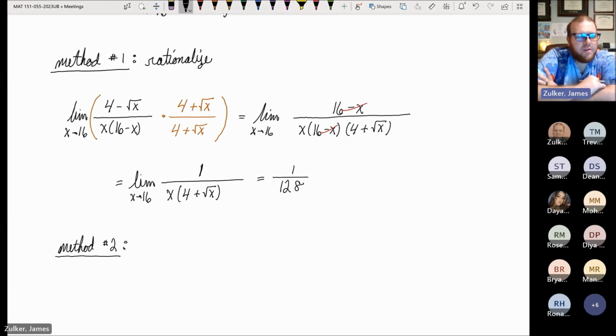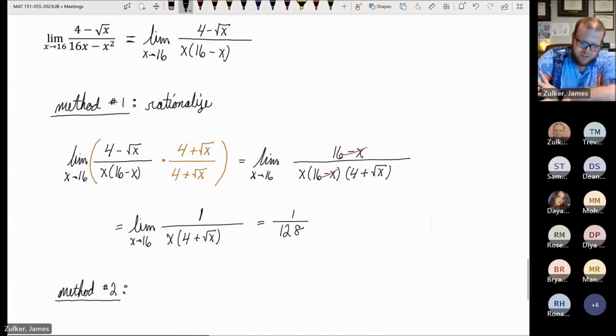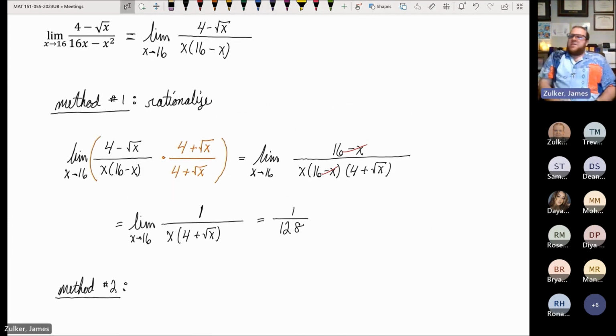Method number 2. This one is not as obvious for a lot of students.